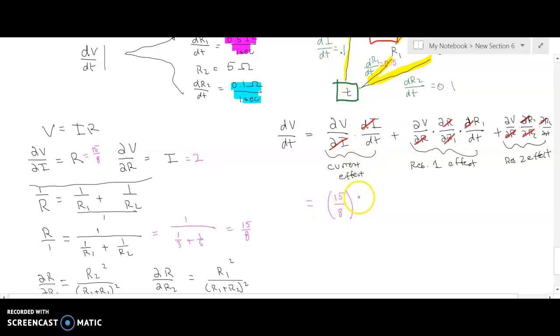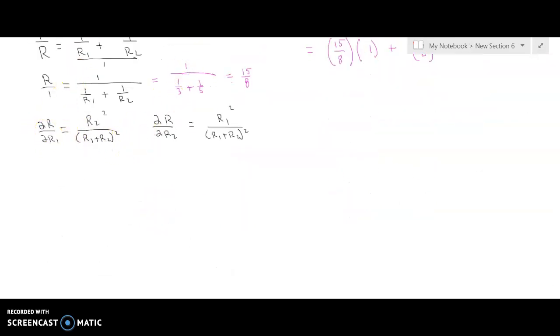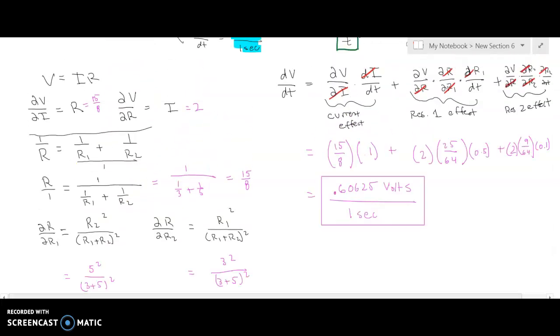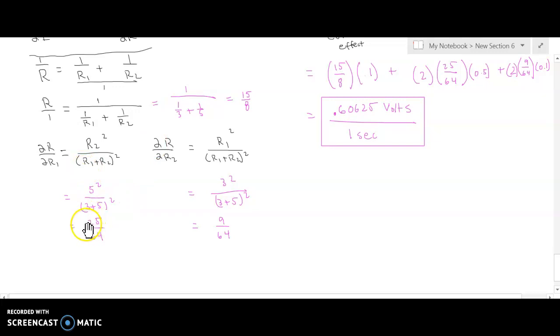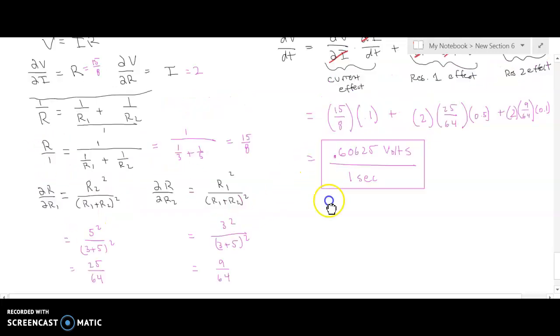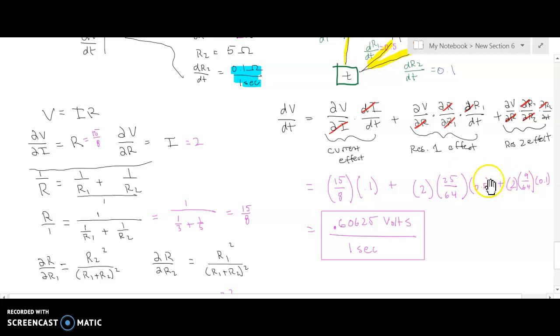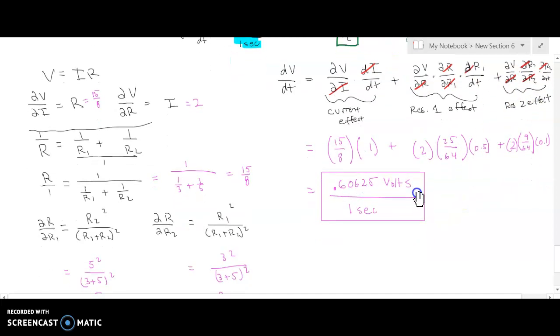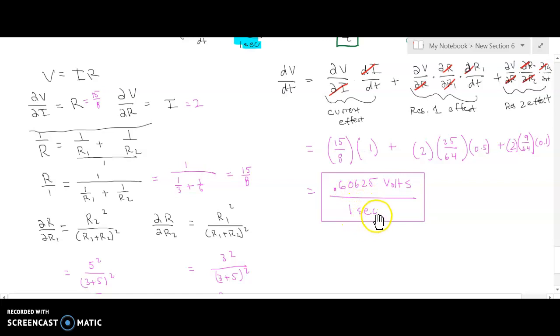Well, that was given to us in the problem as 0.1, plus dV/dR, which is equal to 2 at this instant. dR/dR1 and dR/dR2, we didn't compute those yet, so let's do those real quick. dR/dR1 is going to be R2 squared over (R1 plus R2) squared. And those come out to 25/64 and 9/64. So plugging them into our formula here along with the other knowns gives me 0.6 volts per second, which is the rate that we're looking for. And that's our final answer.